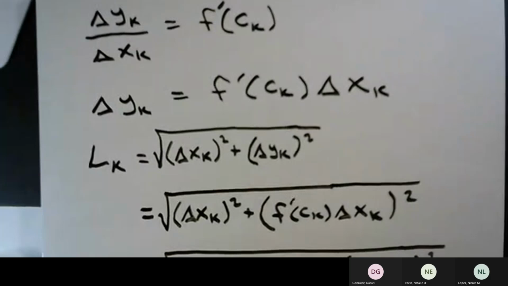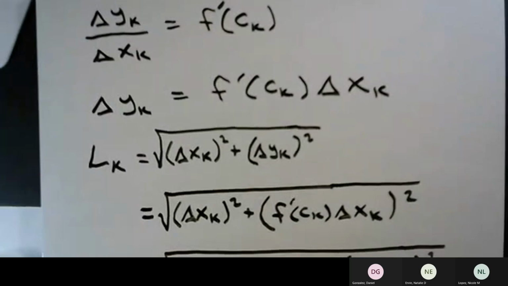And if these are basically the same, then ck, which is between them, is going to basically be the same as this or this. So this will become the integral from a to b of pi times 2f of x square root 1 plus f prime of x squared dx.